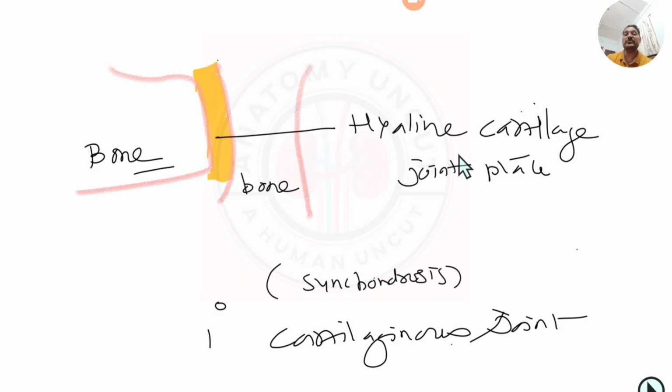Here you can see the hyaline cartilage, so this becomes your primary cartilaginous joint, also called synchondrosis. The primitive model of your long bone has a primary cartilaginous joint between the diaphysis and the epiphysis. Why? Because that metaphyseal plate is nothing but hyaline cartilage.